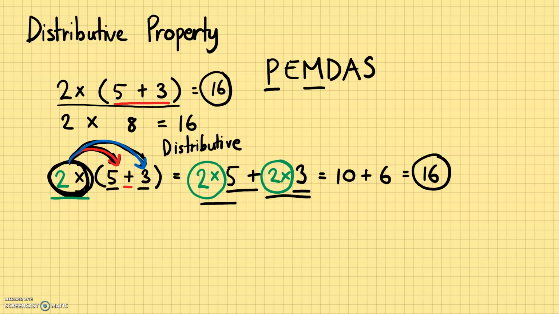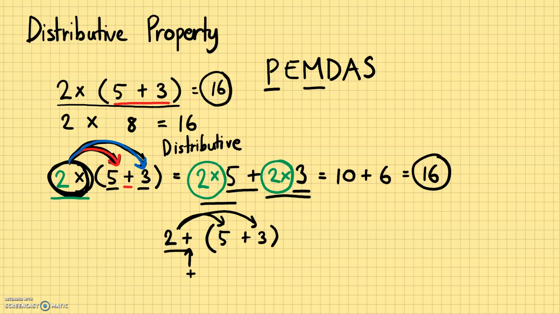Now, a couple of warnings I would like to give you for using the distributive property. If it was like this, 2 plus 5 plus 3, you can't distribute the 2 to 5 and the 3 because this is a plus, not a times.